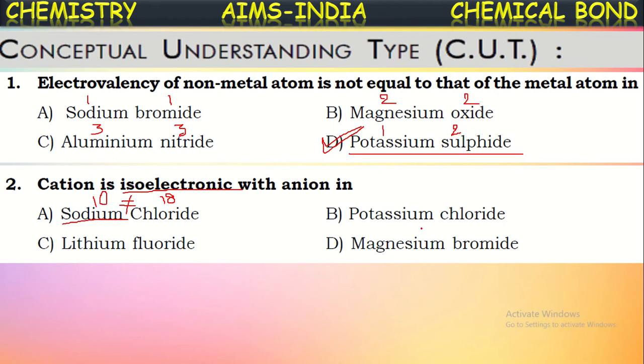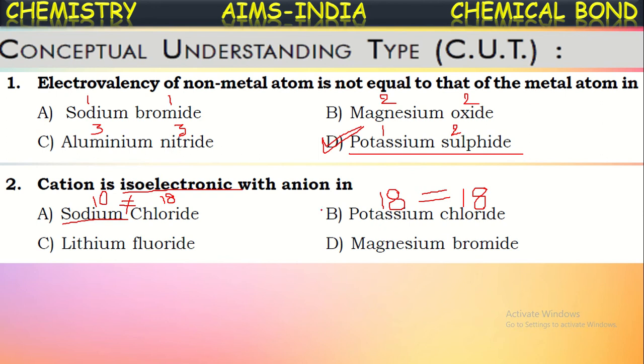In case of potassium chloride, potassium atomic number is 19. In the formation of potassium chloride, potassium loses 1 electron and hence the number of electrons becomes 18. And just now we have seen chloride ion will be having 18 electrons. So cation and anion both have the same number of electrons in potassium chloride. So cation and anion are isoelectronic in this case.